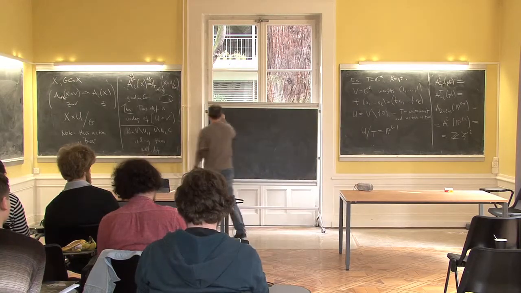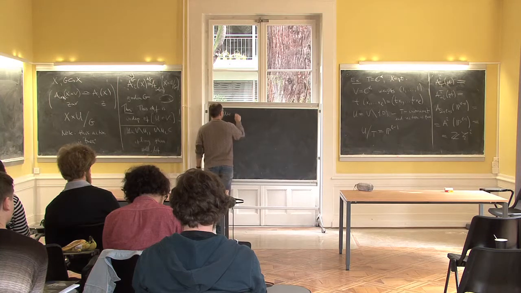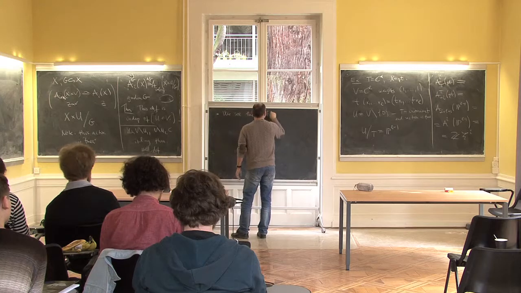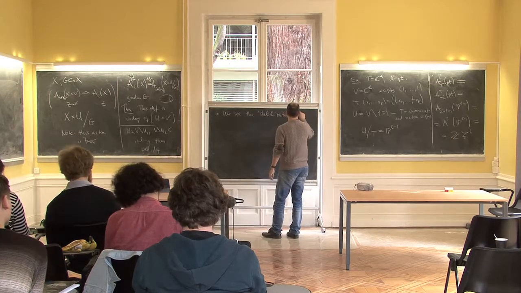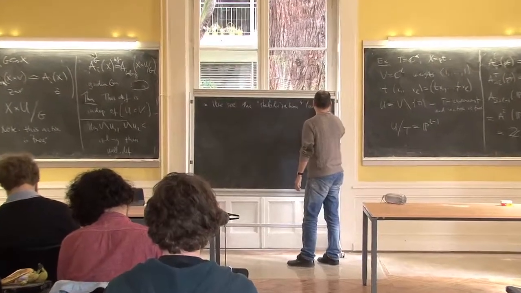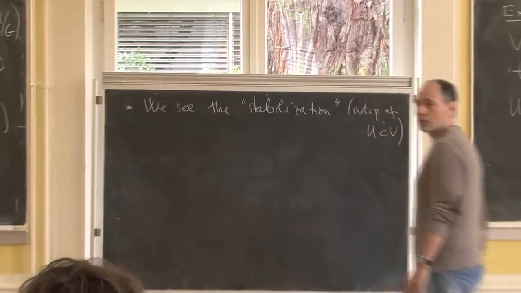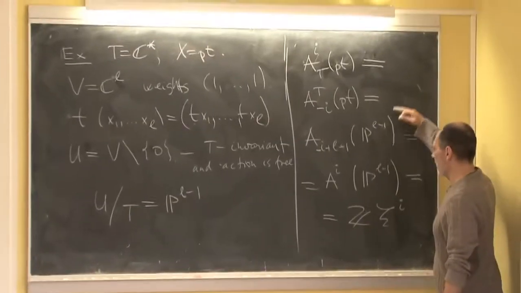So first of all, what you see here is that we see the stabilization. So what I mean is the independence of U, V. And it's even seen how this happens. So you start increasing P to the L minus 1.